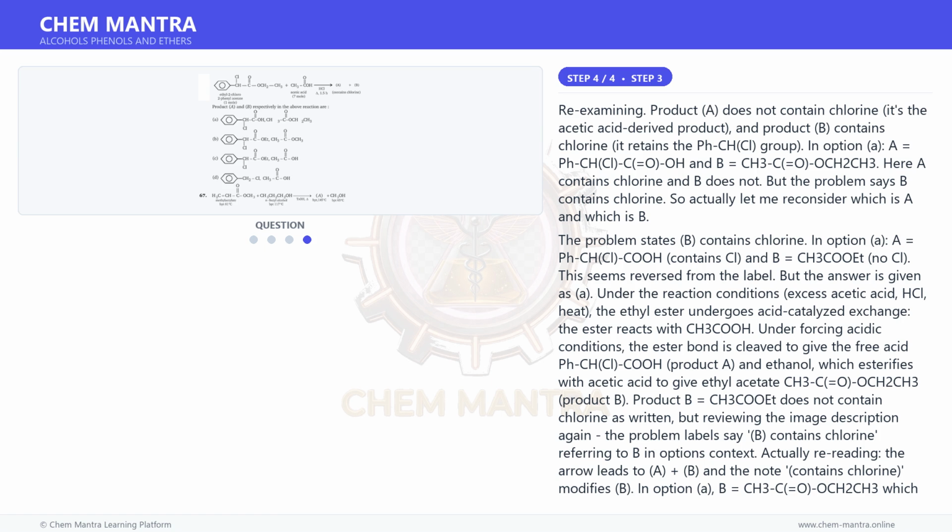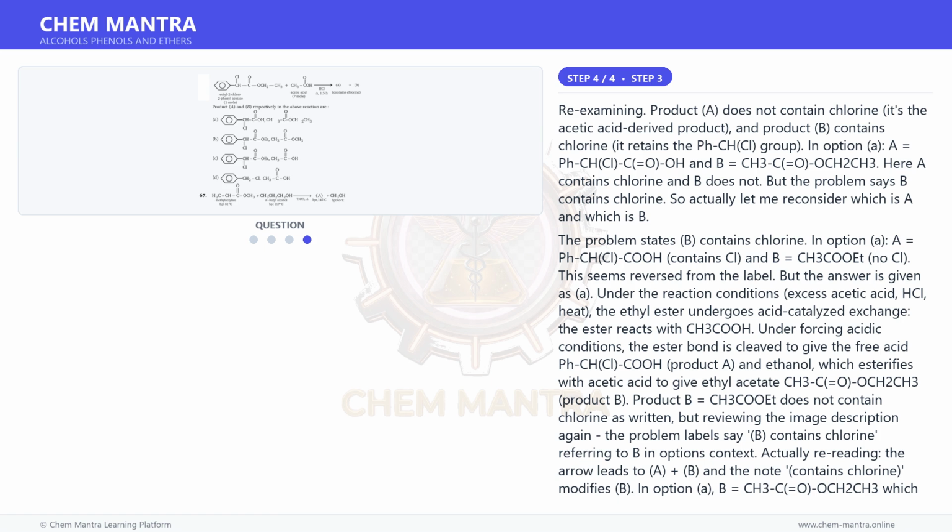Under forcing acidic conditions, the ester bond is cleaved to give the free acid PhCHCl-COOH, product A, and ethanol, which esterifies with acetic acid to give ethyl acetate, CH3C(=O)OCH2CH3, product B. Product B, CH3COOEt, does not contain chlorine as written, but reviewing the image description again, the problem labels say B contains chlorine, referring to B in the options context.